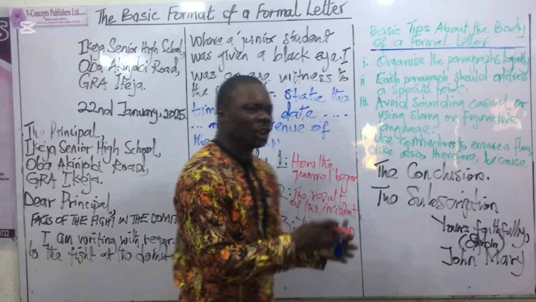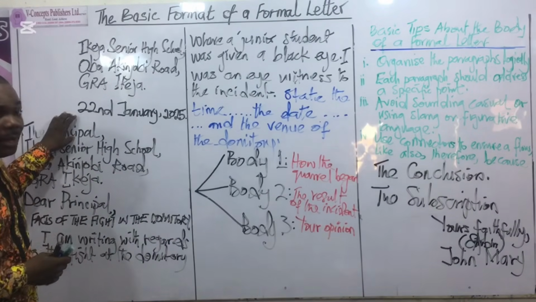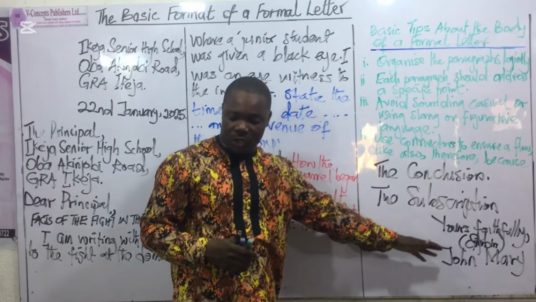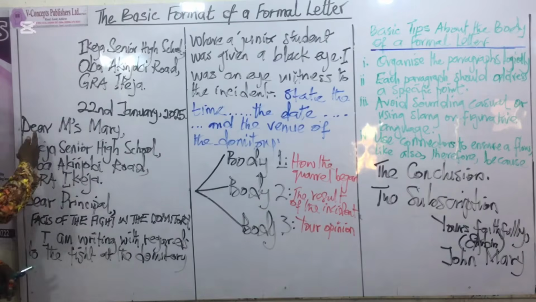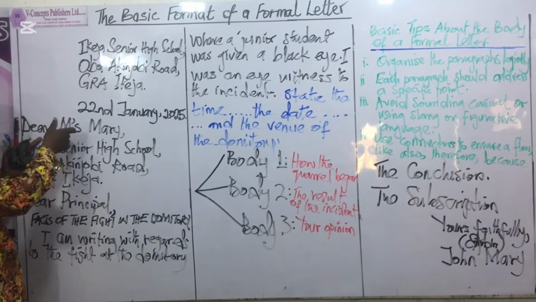Good. Now let me mention the case where you got the name of the receiver. That's where you use the name of the receiver and how you are going to close such a letter. Here is a case where the name of the person you are writing to is known to you, and you wrote, Dear Miss Mary.